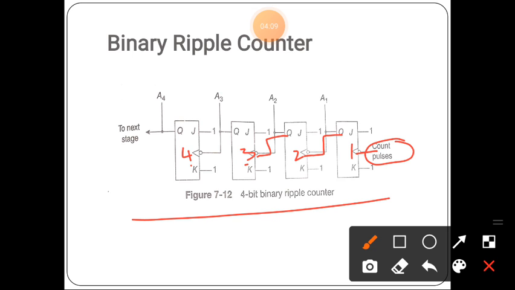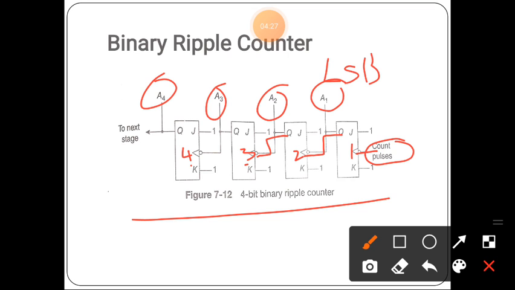These are A1, A2, A3 and A4, the outputs of each flip-flop. A1 is the LSB and A4 is the MSB. The flip-flop holding the least significant bit receives the incoming count pulses.